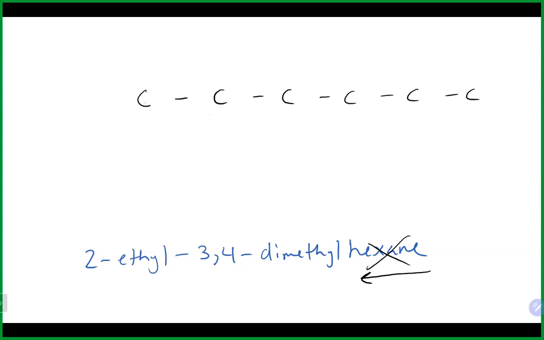Again, I'm going to call this carbon number 1 for me, and I'm going to go to the right, which means at carbon number 3, I should have a 1 carbon group, and at carbon number 4, right next door, I should also have a 1 carbon group. I then also have a 2 carbon group at carbon number 2, which is our ethyl group, and that should take care of that.